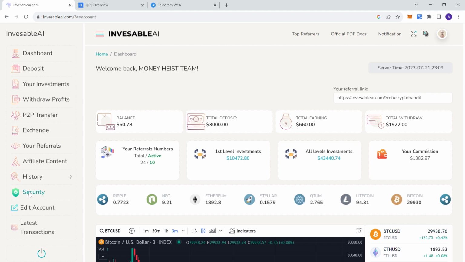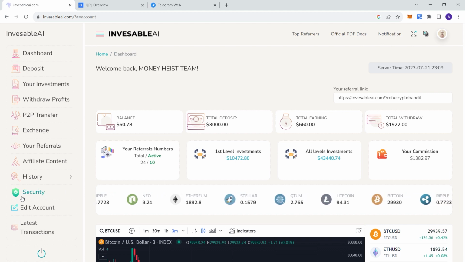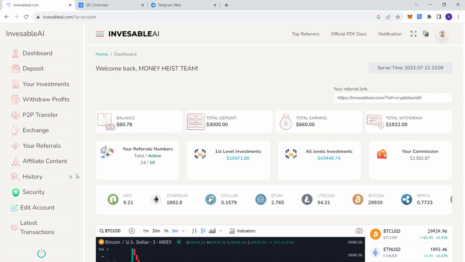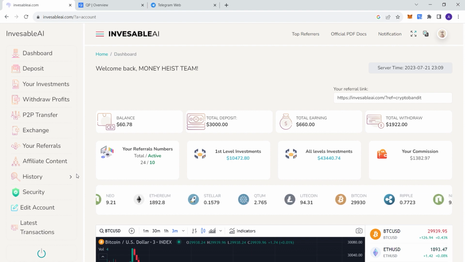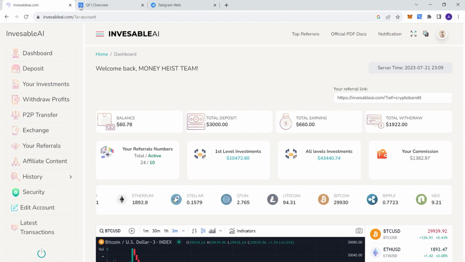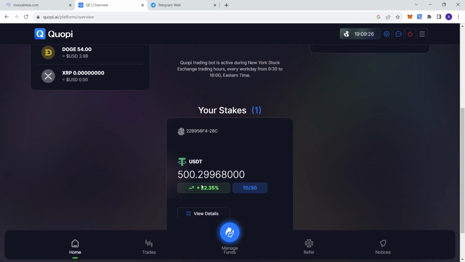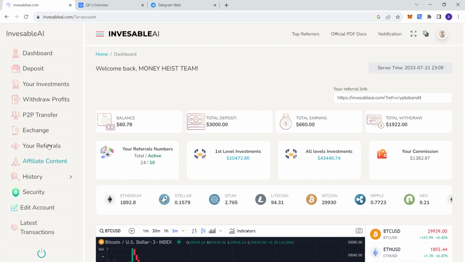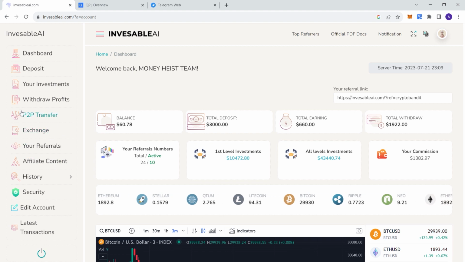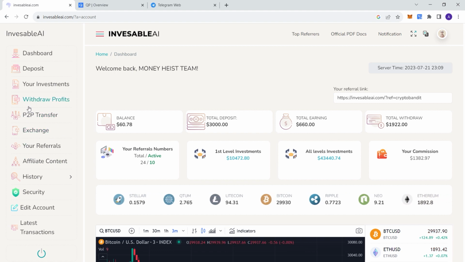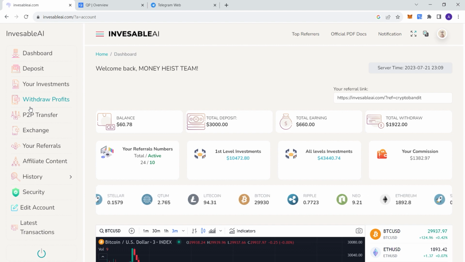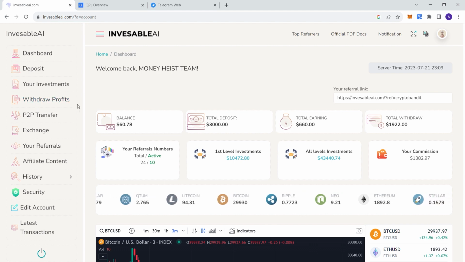Both of them have 2FA security, so that's good. Both of them show a transaction. Both of them show the investment and your deposits. The only difference is that this one shows the trades and how much money you made for the day, where this one doesn't, but it has this right here, which I personally like. So I'm just going to choose Invisible for this one, and I think it's good.